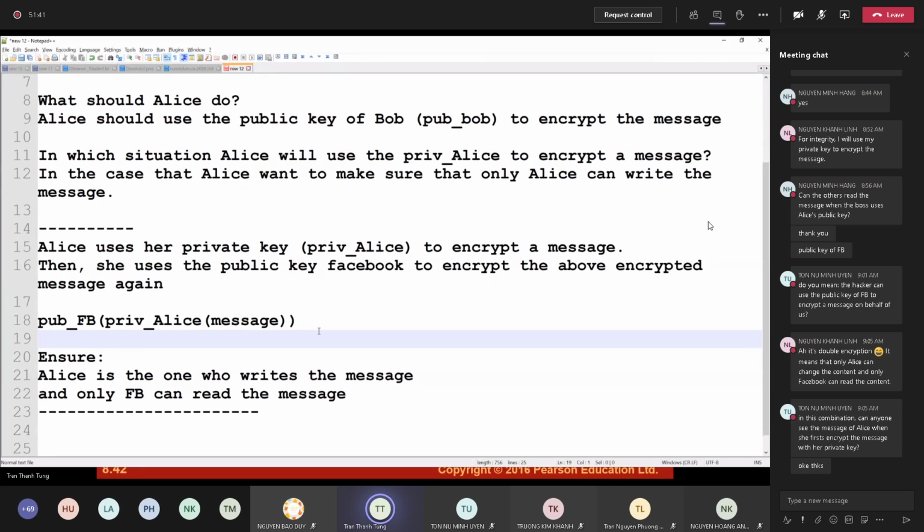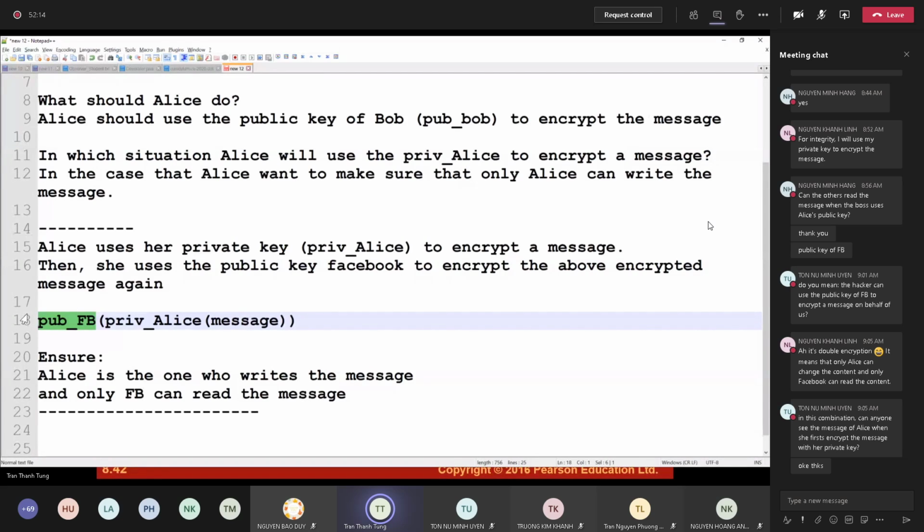So what happened then? In this case, we try to get the public key of Facebook, but unfortunately we got the public key of the hacker, and we encrypt our data with it, thinking that only Facebook can read it.